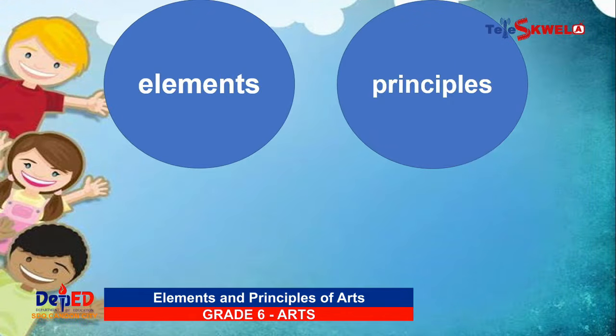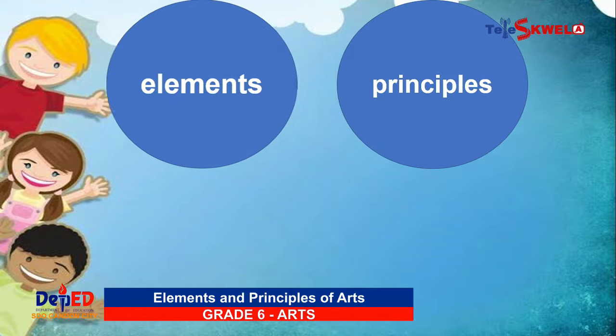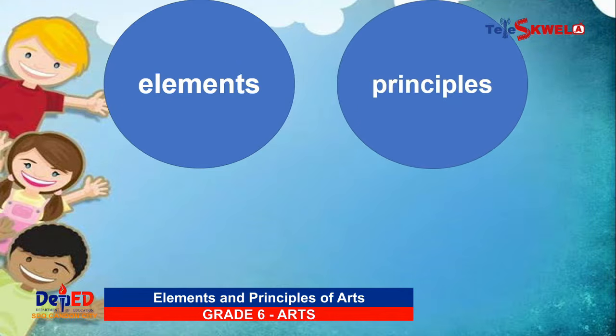In creating designs, whether digitally or manually painted, it is very important to understand how the elements and principles of artwork effectively apply on designs. These matter most even with the use of new technology, digital arts.